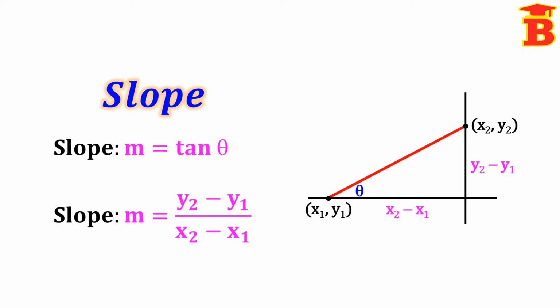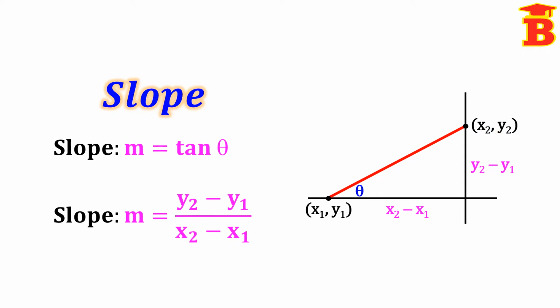So using that concept, tan theta is opposite side divided by adjacent side, and so we get another formula y2 minus y1 divided by x2 minus x1. If the points are given, then we have to use this formula.